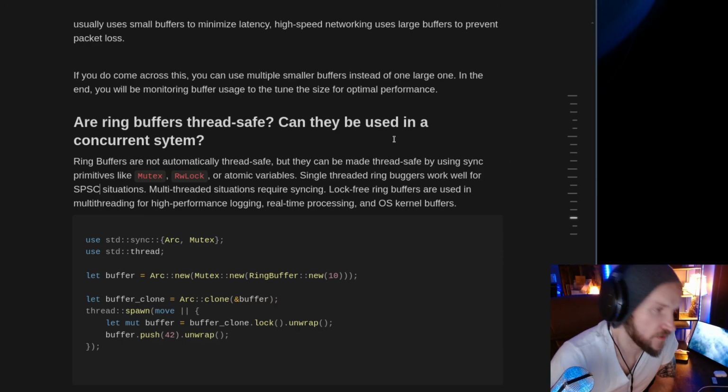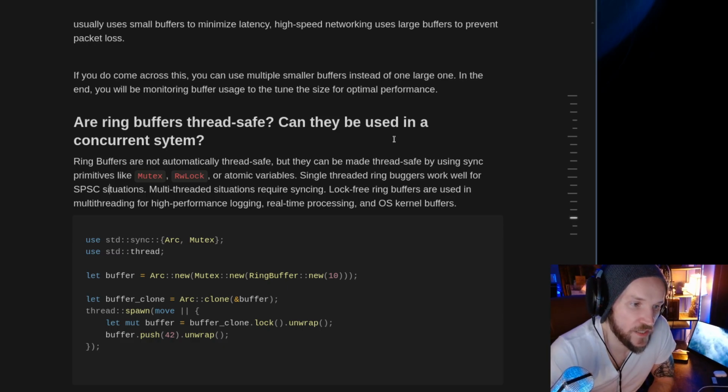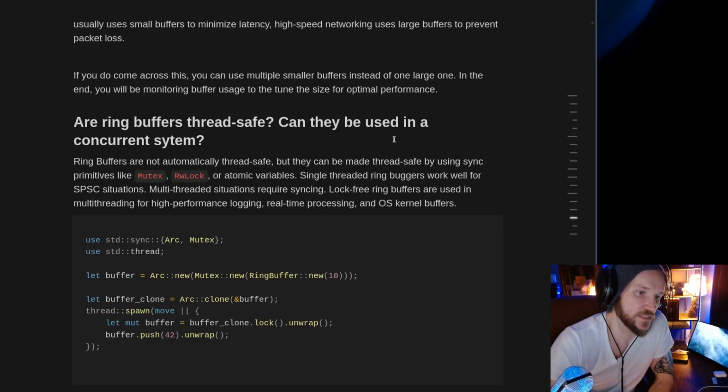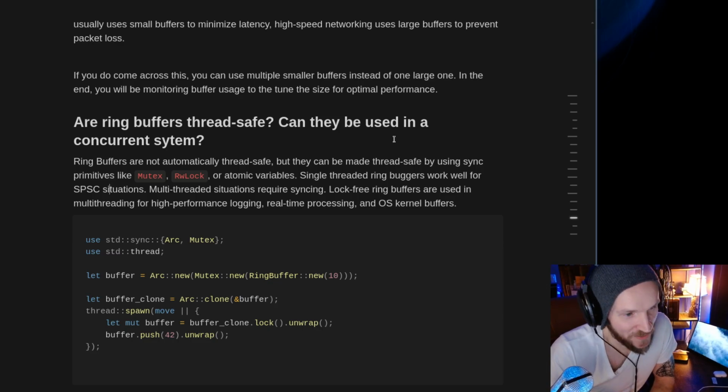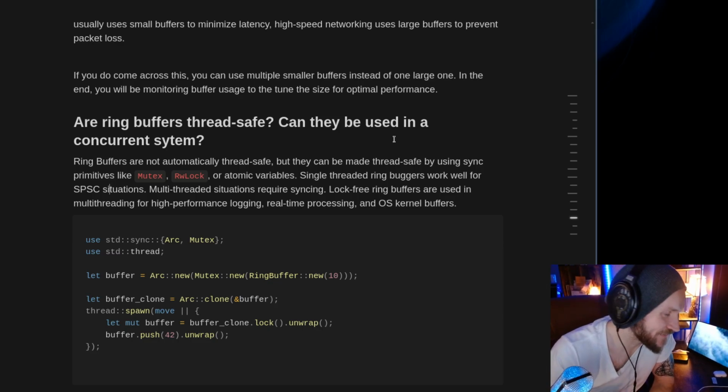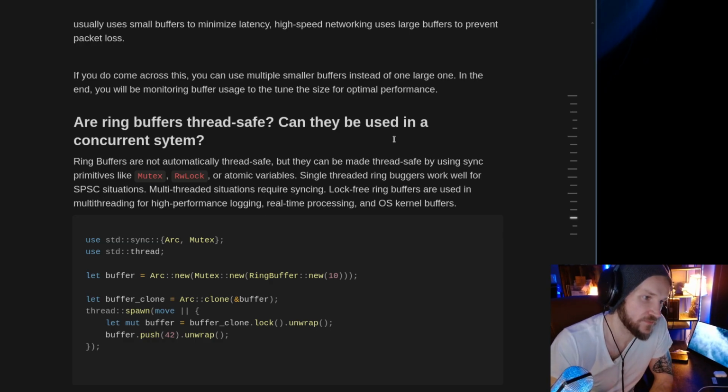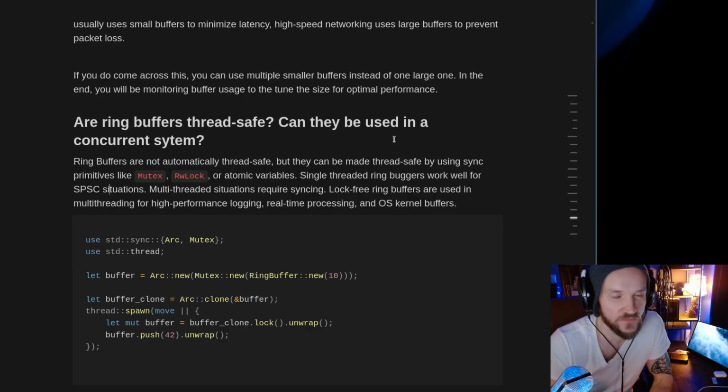And so multi-threaded situations require syncing, right? And obviously, everyone really pushes lock-free buffers for multi-threading and high-performance logging, real-time processing, OS kernel buffers.